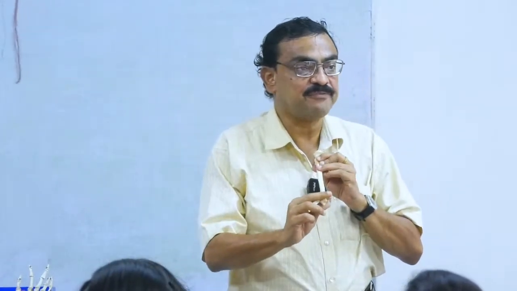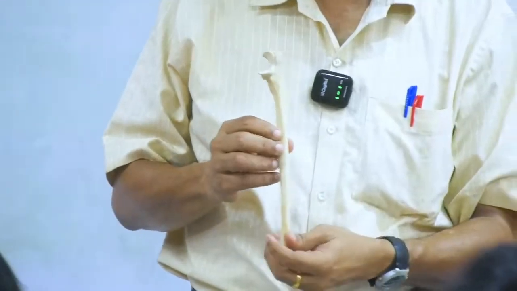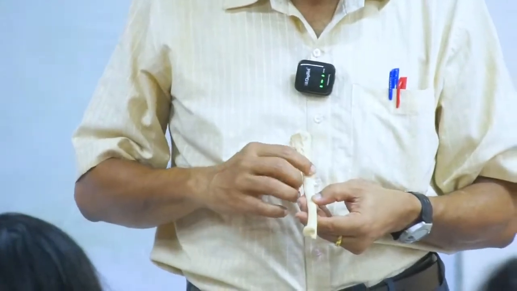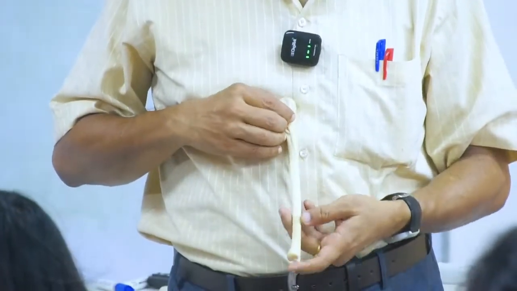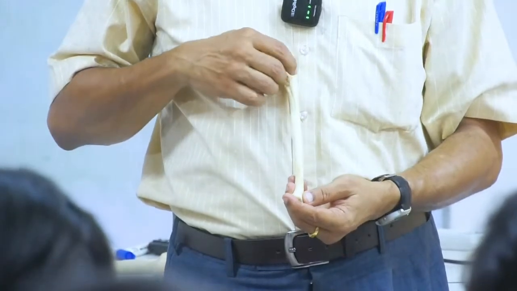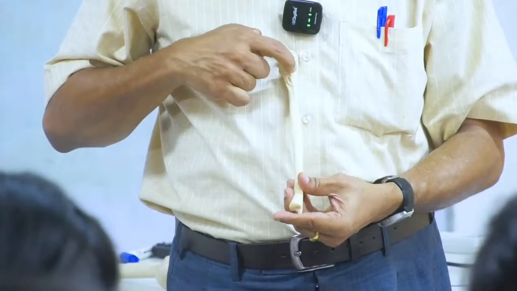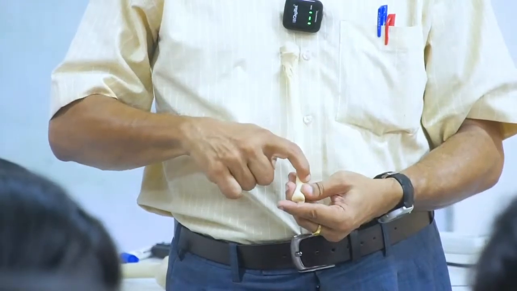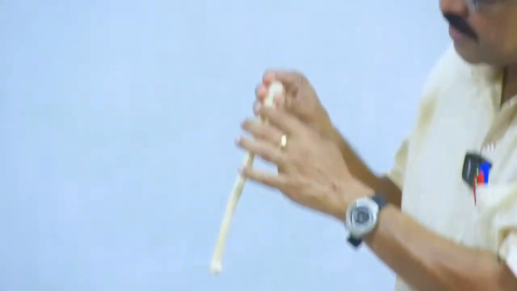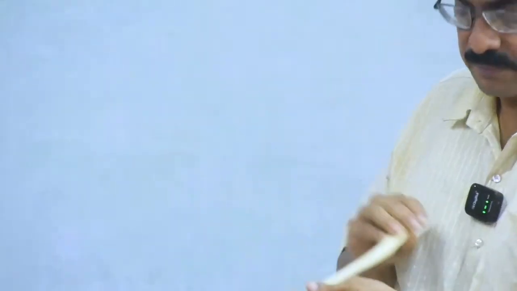Now about the shaft. About the shaft, we get one anterior border, one posterior border.